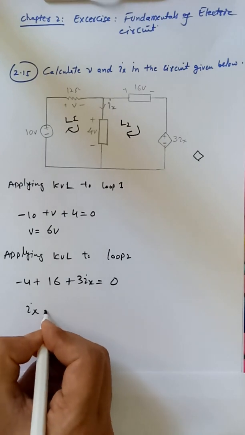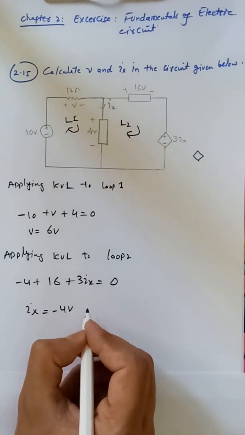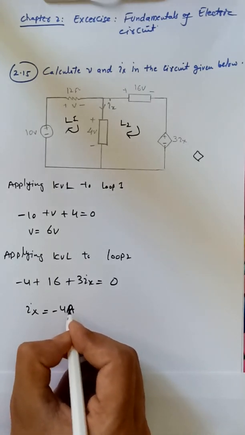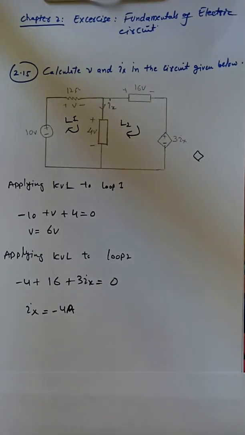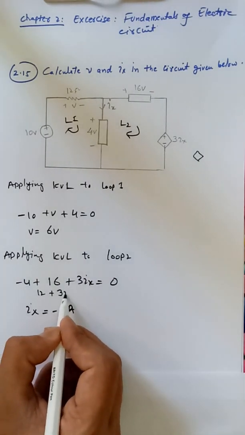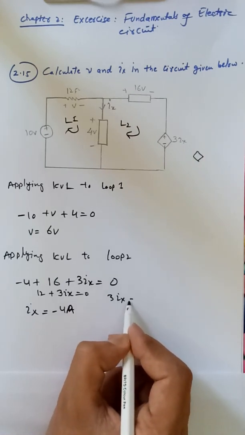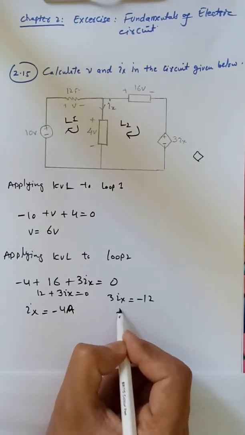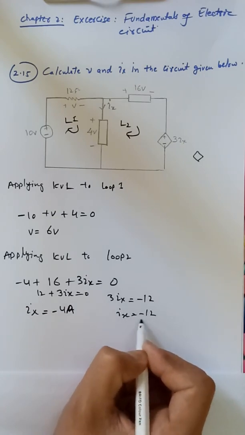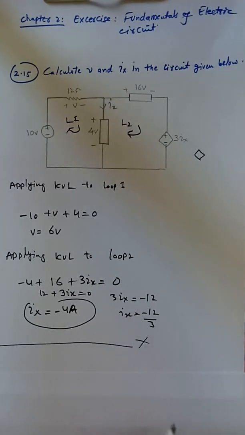So Ix equals minus 4 ampere, because 12 plus 3 Ix equals 0. So 3 Ix equals minus 12 and Ix equals minus 12 divided by 3, so Ix is minus 4. In this way you can solve similar kinds of questions even from the exercise. Thank you.